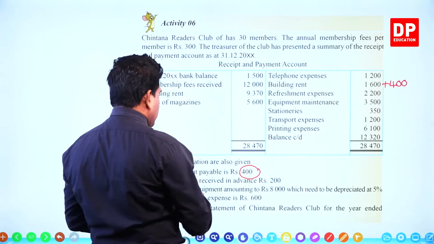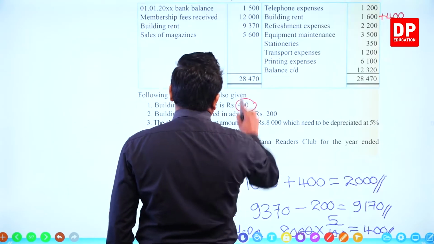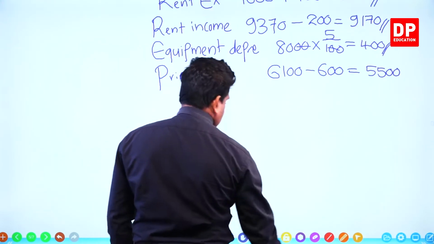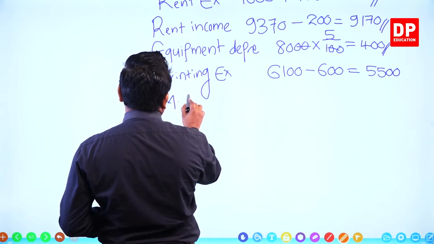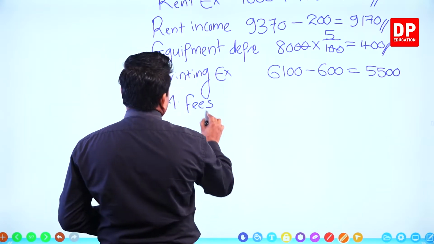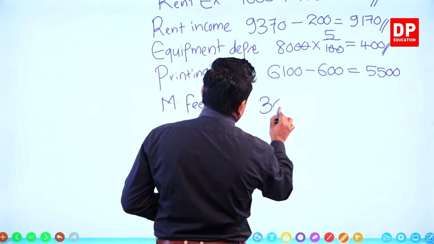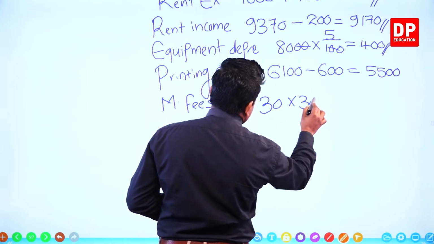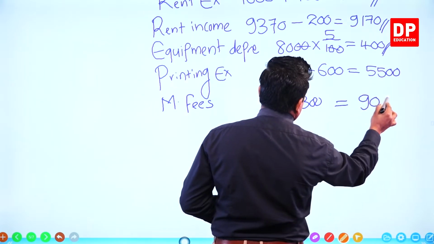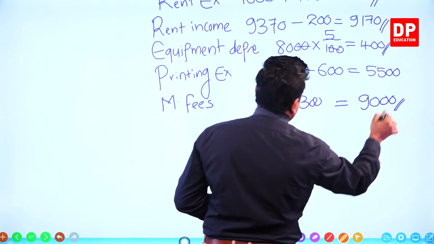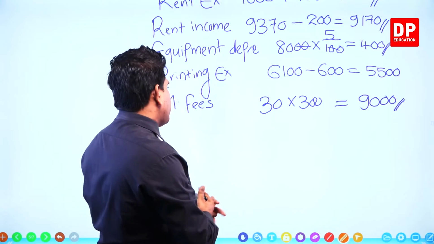Then 30 into 300. Membership fees, 30 into 300. How much? 9,000. Yeah, this is the way.